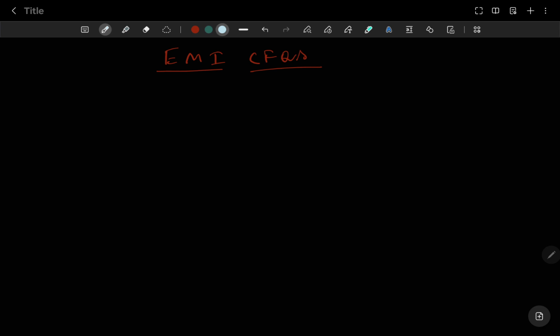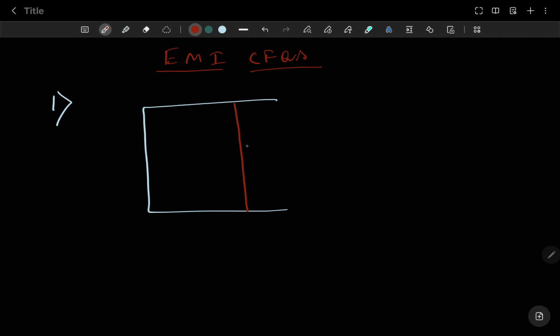So the first CFQ given here is, suppose a conductor is moving in a magnetic field. Okay, so we know that an EMF will be developed across it.